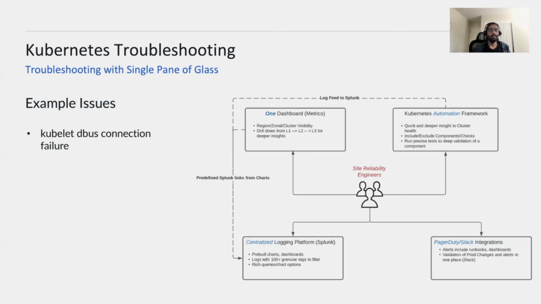As an example, recently we encountered an issue with the kubelet dbus connection. The way it manifested was we got an alert from PagerDuty saying that we were losing more nodes within a cluster. Based on the alert and the links, we saw that the kubelet was failing during that time.